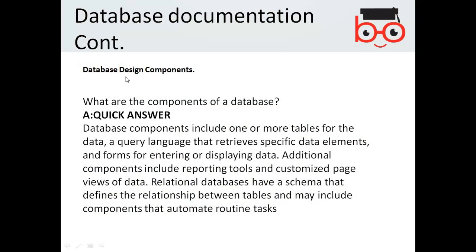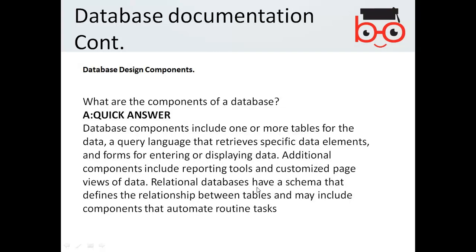Database components. What are the components of a database? A simple database includes one or more tables for the data, a query language that retrieves the specific data elements, and forms for entering or displaying data. Additional components include reporting tools, authorization tools, customized pages, and use of data.